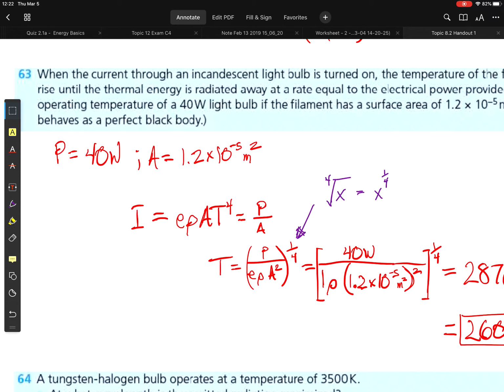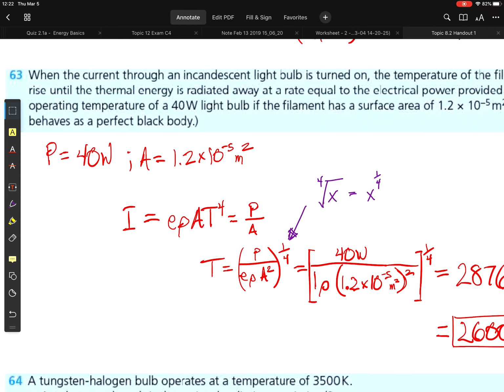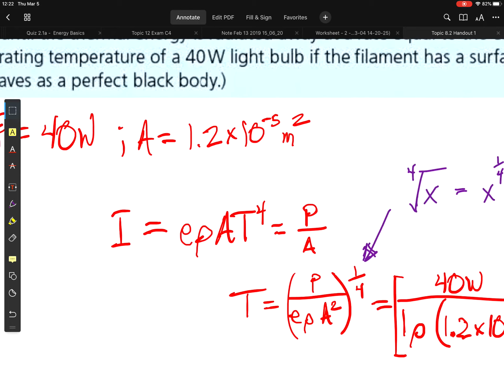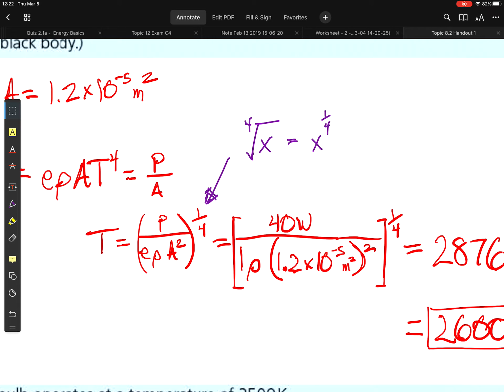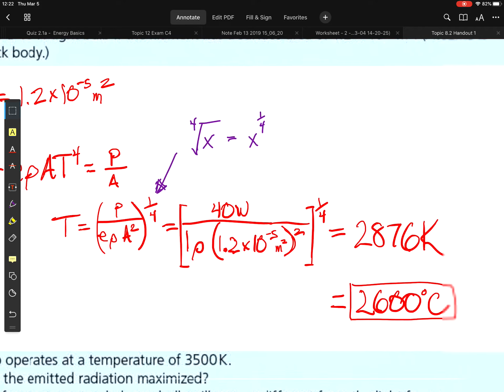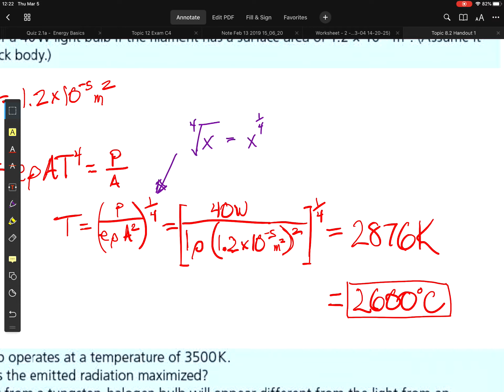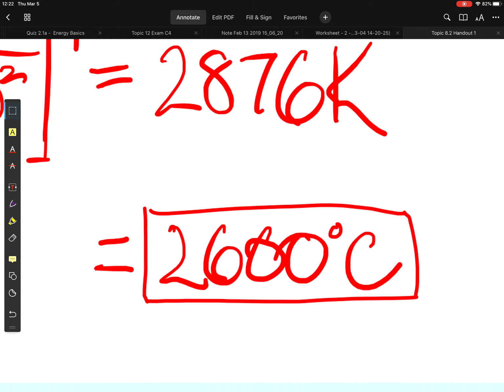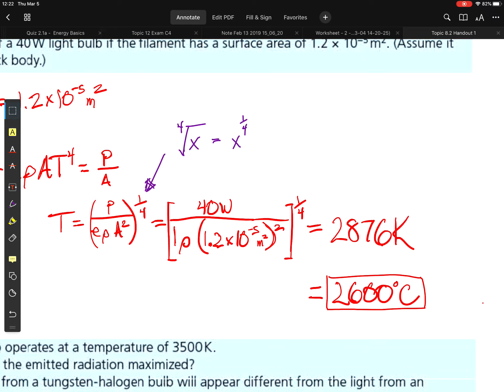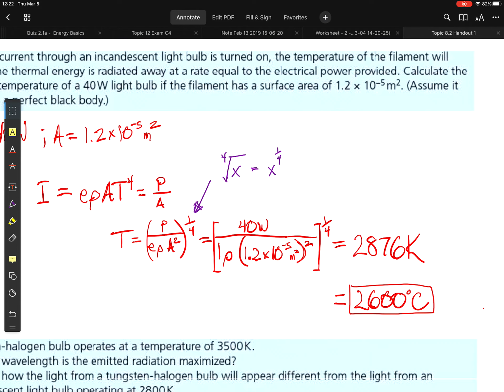This is an interesting problem because if we rearrange this slightly for temperature, what we're going to find is that your average light bulb has a tremendous temperature, and this is kind of shocking, 2,600 degrees Celsius for an incandescent bulb.